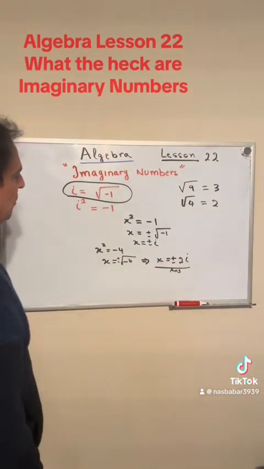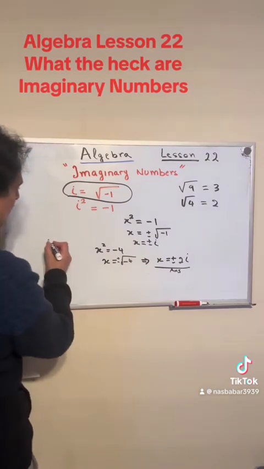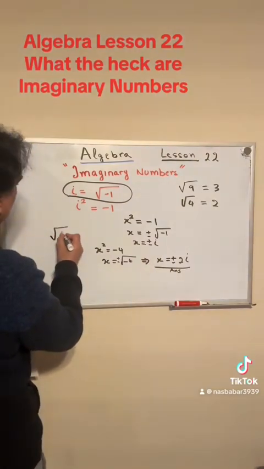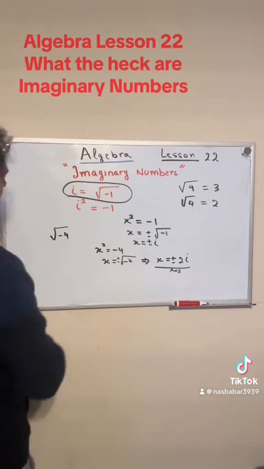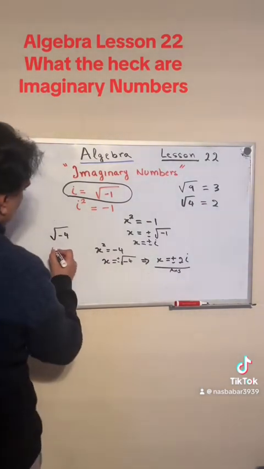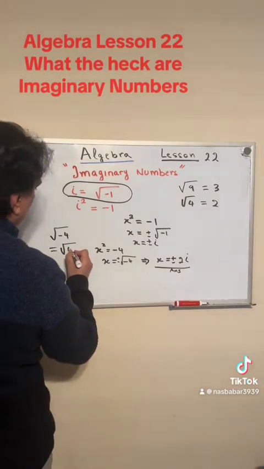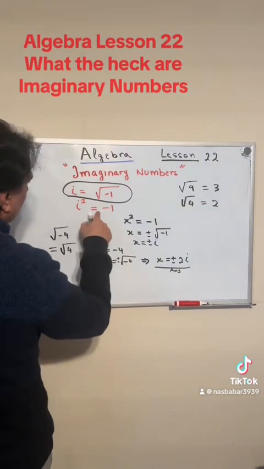All right, so basically if I have something like this, minus 4, I can write this as 4 times i squared, since i squared is minus 1.